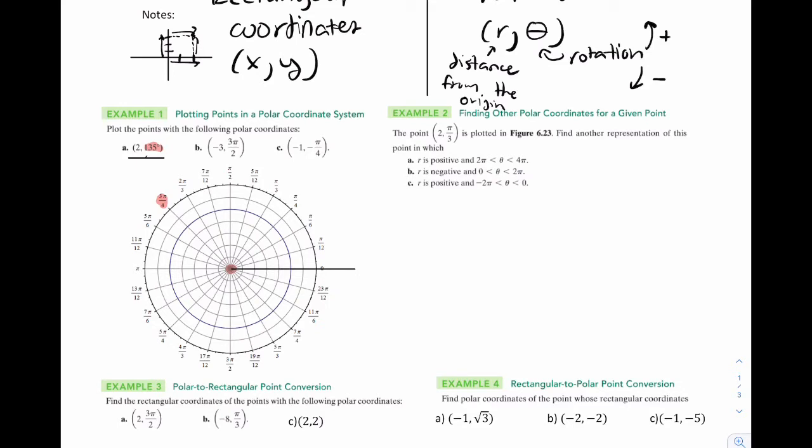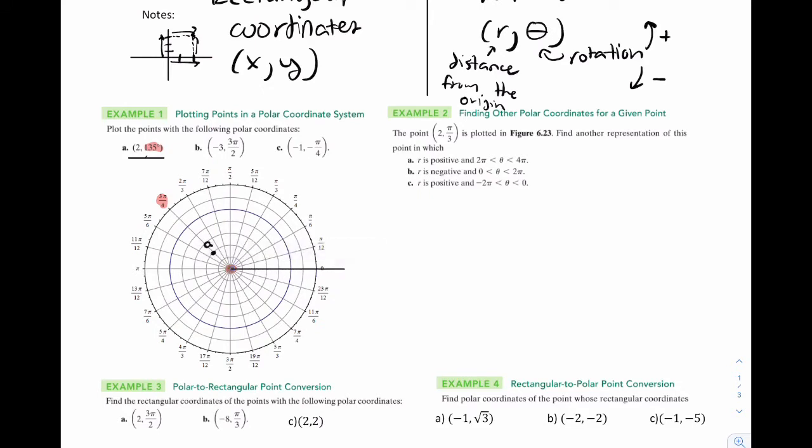So each ring is a unit, so just go 1, 2, that's your second ring, and that's going to be your A. Now if you imagine it kind of pictorially, you can imagine this line, it just rotates to 3 pi over 4, and then it shortens to 2, right about there. I'll put the line back right here.